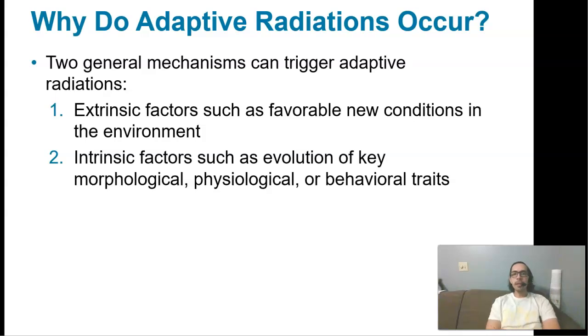There are two general mechanisms that can trigger adaptive radiations. There are extrinsic factors, like favorable conditions in the environment, and also intrinsic factors, such as evolution of key morphological, physiological, or behavioral traits.